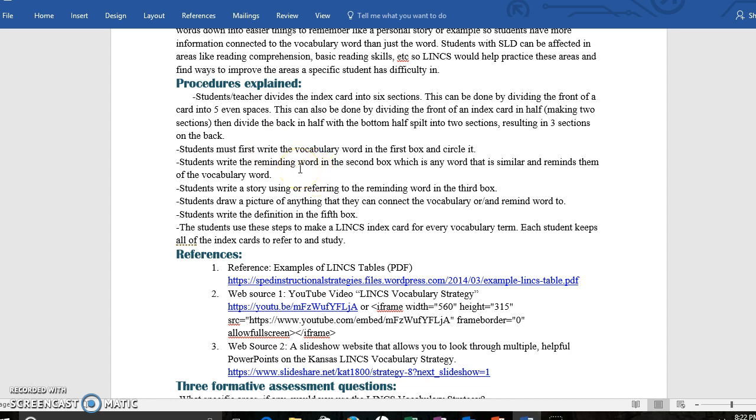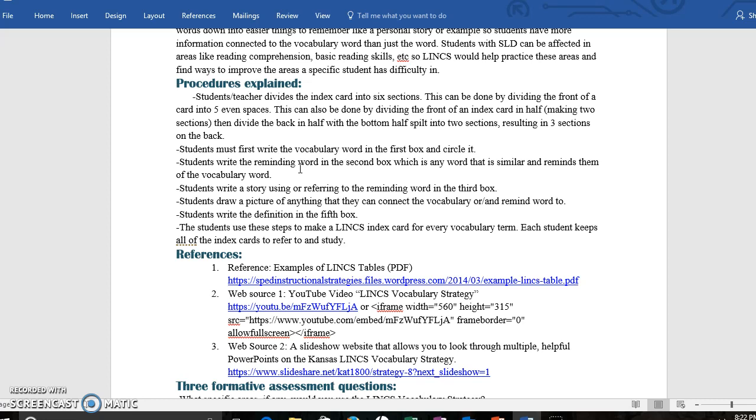Students must write the vocabulary word in the first box and circle it. Then students write the reminding word in the second box, which is any word that is similar and reminds them of a vocabulary word. Students write a story using or referring to the reminding word in the third box.